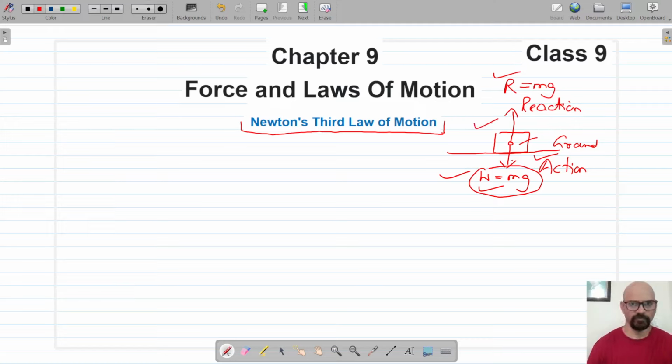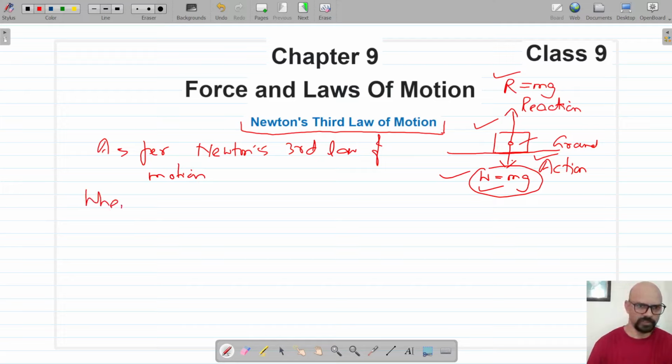So this is exactly what Newton's third law of motion is. So we can say that as per Newton's third law of motion, there is one object.